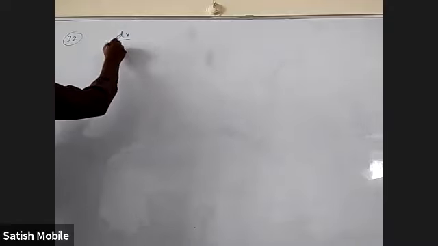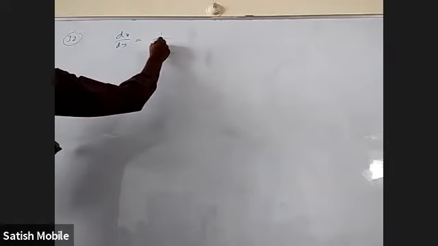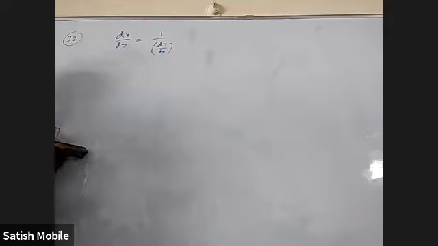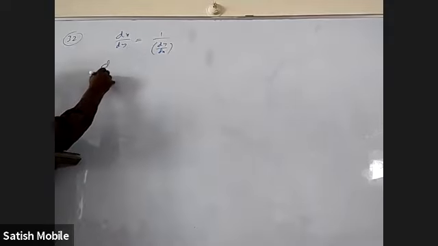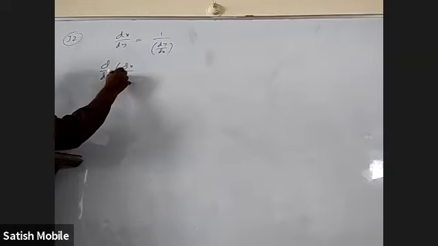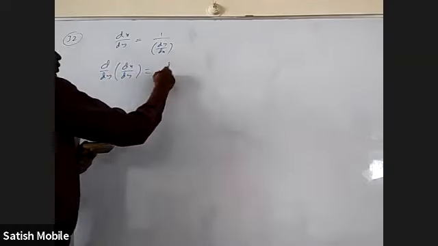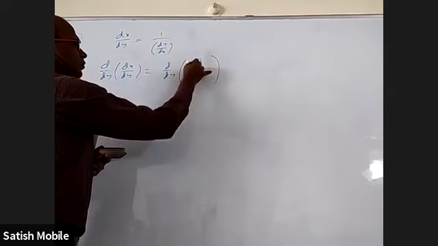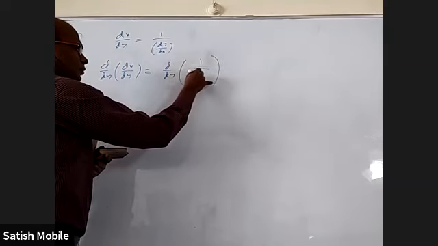I can write dx by dy is equal to 1 by dy by dx, right? Now both sides differentiate with respect to y. d by dy of dx by dy equal to d by dy of 1 by dy by dx.